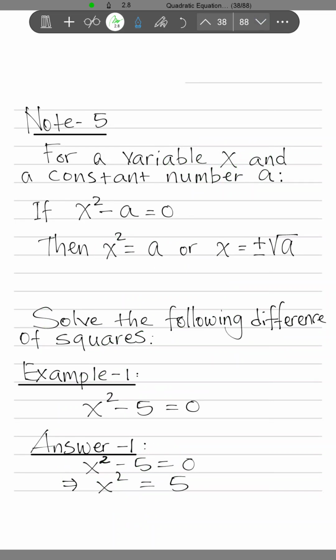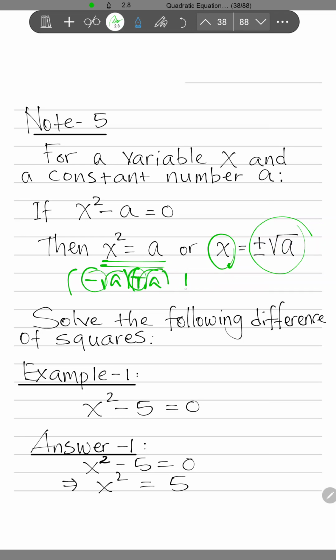Here's one definition. For a variable x and a constant number a, if x squared minus a is equal to 0, then x squared is equal to a. Or if x squared is equal to a, x is equal to plus or minus square root of a. Why? That's because x can be minus a times minus a.